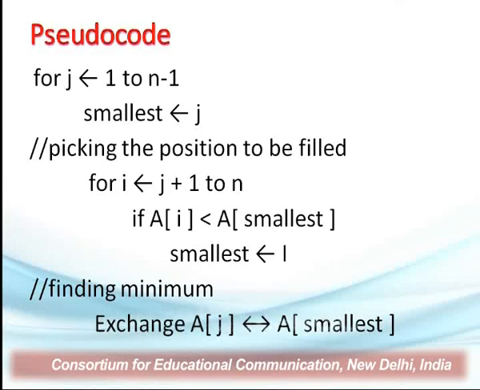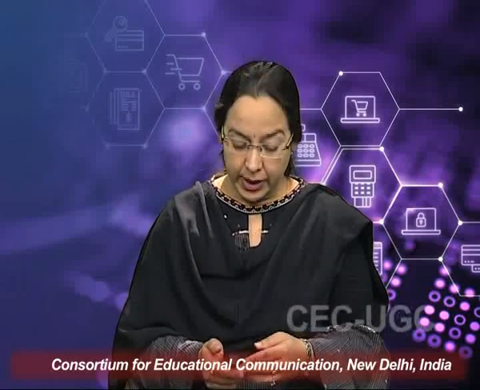That means the minimum element from the unsorted list has taken its own position in the sorted sublist, and that position is a j. So the outer loop is picking the position to be filled, and the inner loop is finding the least or minimum element from the unsorted sublist.